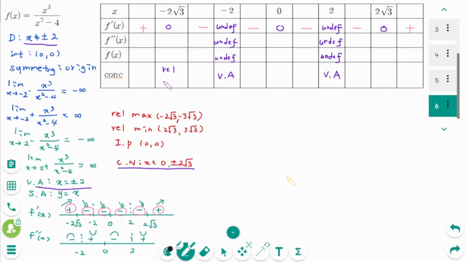So relative maximum at x equals minus 2 square root of 3 is this one, minus 3 square root of 3. Relative minimum here, 2 square root of 3, 3 square root of 3. And inflection point is (0, 0).